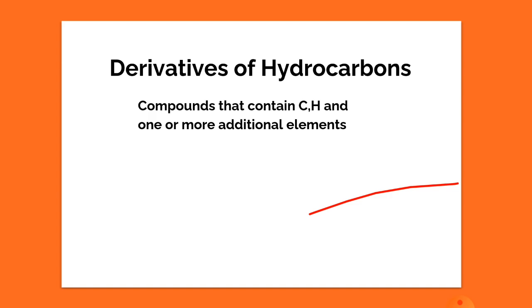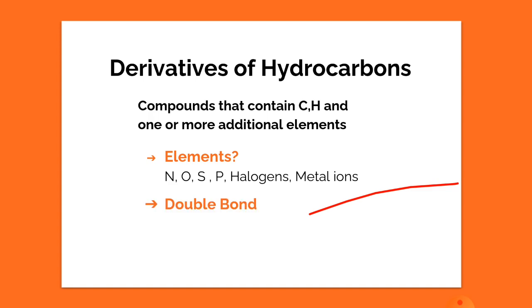Now what are those elements? They may be nitrogen, oxygen, sulfur, phosphorus, halogens or metal ions. In addition to these elements, a double bond as well as a triple bond may be present within that organic compound.